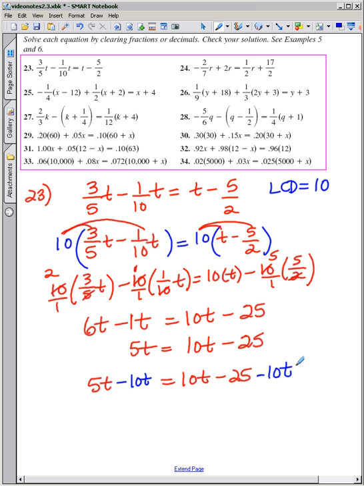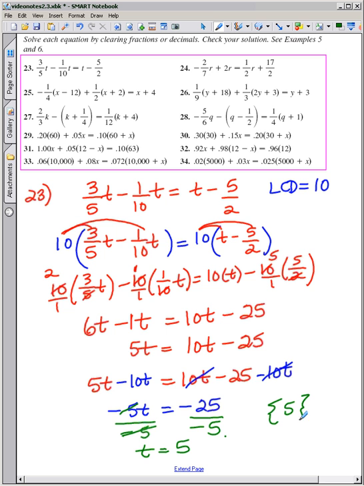Okay, so my whole goal is then eliminated. So 5t minus 10t, be careful with your signs, that's negative 5t, equal to negative 25. Now to get the t by itself, I'm going to divide by negative 5, so that t is equal to negative 25 divided by negative 5, which is a positive 5.